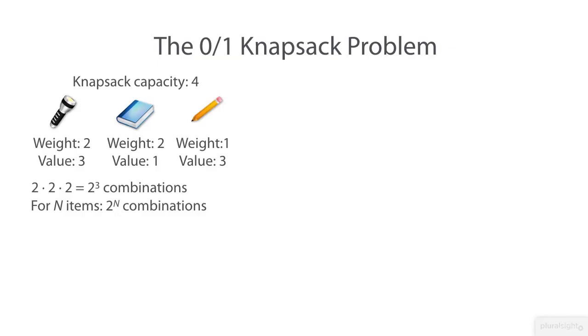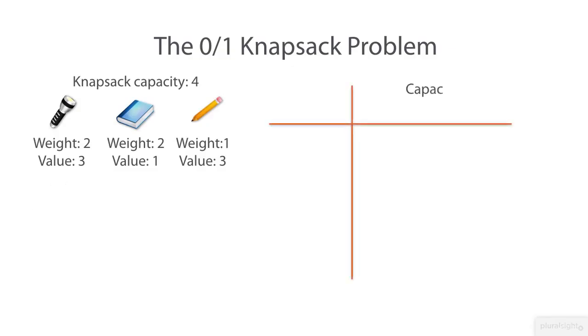The first thing to figure out is how to divide the large problem of considering all the provided items into a knapsack with a full capacity into smaller sub-problems. One thing we could do is to consider the case of a knapsack with 0 capacity, then a knapsack with capacity 1, and so on until we reach the full capacity, which in our case is 4.